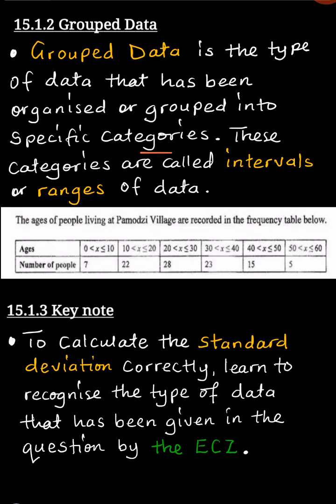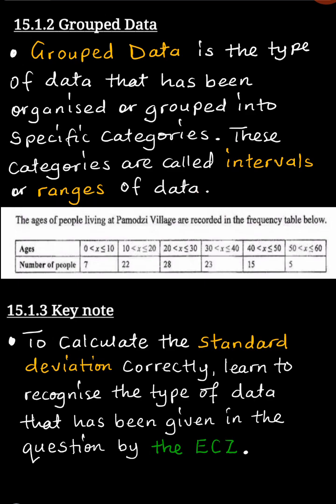So, grouped data is simply the opposite of ungrouped data. In grouped data, the information or the data that has been collected is organized or grouped into specific categories. These categories are called intervals or ranges of data.